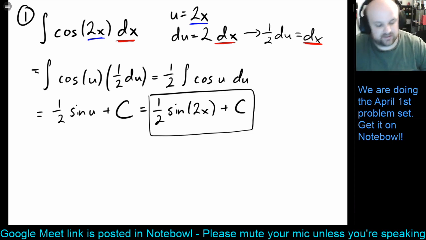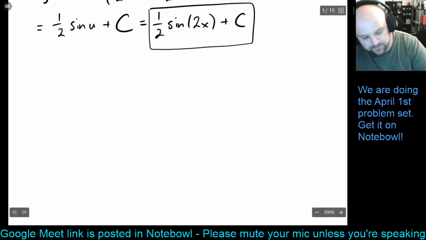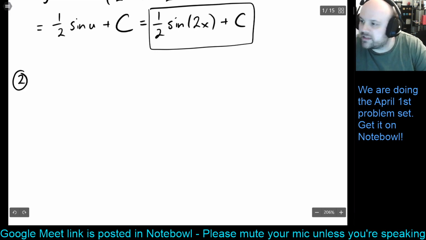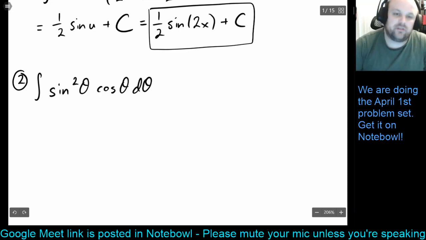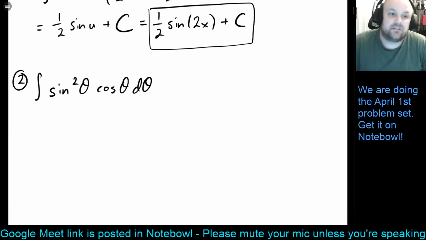All right, let's go ahead and do the next problem. The next problem is the integral of sine squared theta cosine theta d theta. This one looks spookier than it actually is. When we're doing this, we want to think of where there is a composition here. You might see it already.